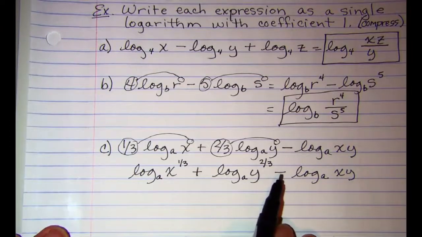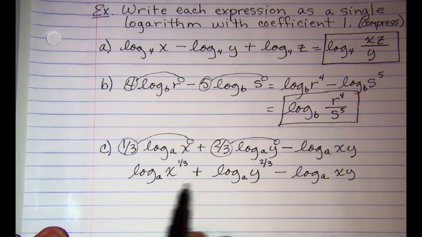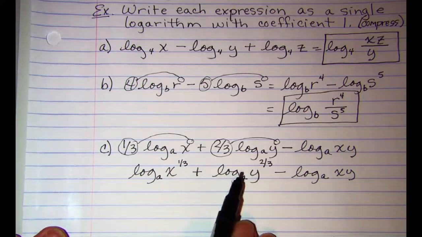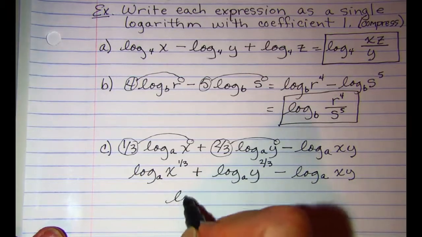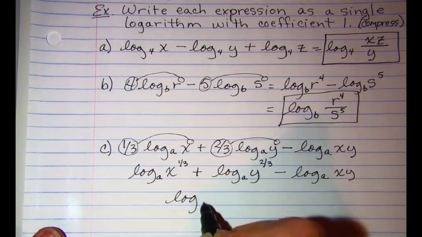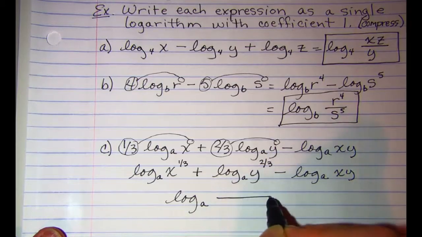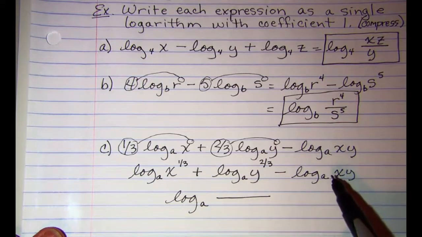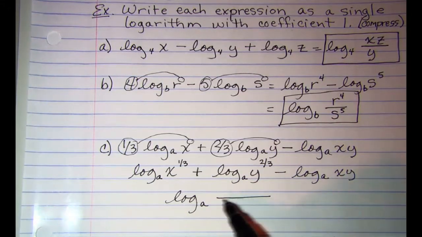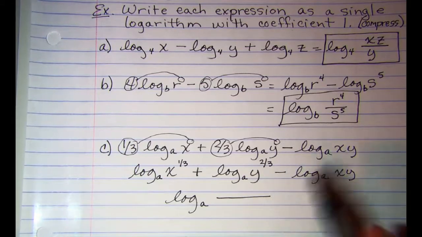And since I have subtraction here, that means that I'm going to have property 2 involved, and then this is property 1. So as a single logarithm, I have the log base a, and property 2 calls for division, so I needed this fraction bar.